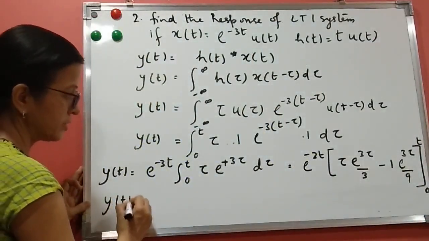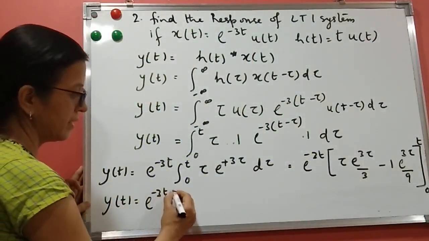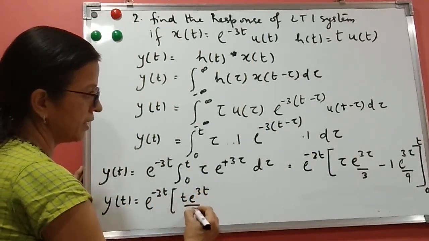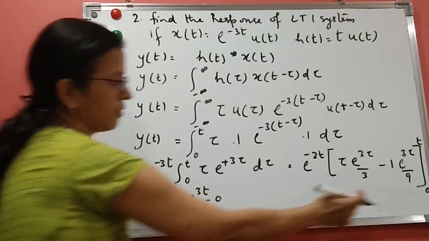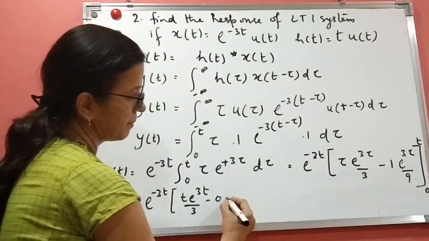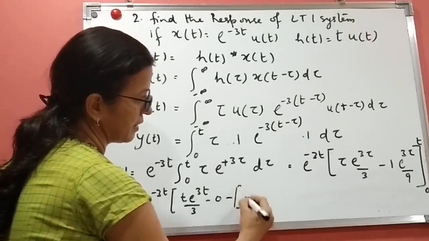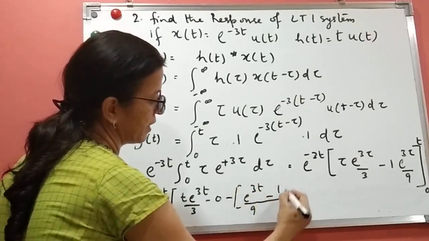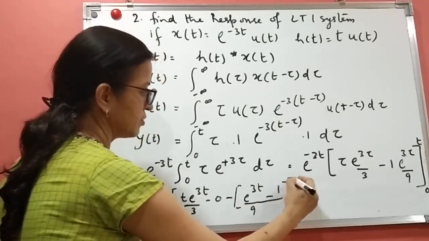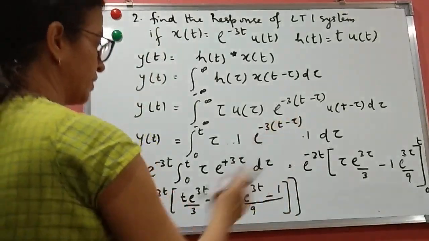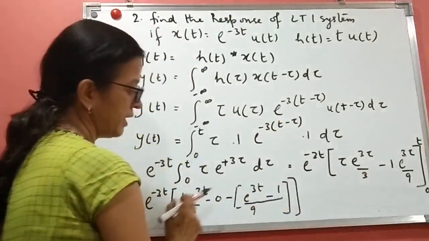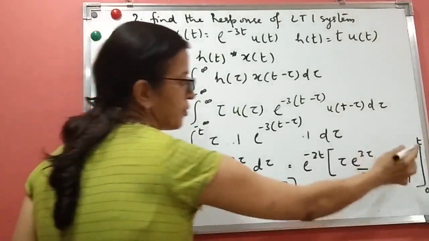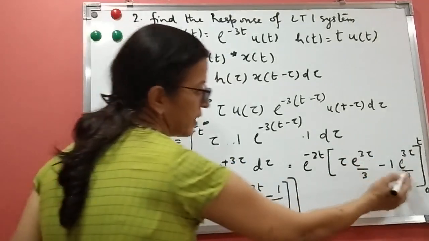Let us put the values: e raised to minus 3t, t e raised to 3t upon 3 minus 0, the second value will be 0, minus e raised to 3t upon 9 minus 1 upon 9. By putting the limits, this is the first limit I have put, t e raised to 3t, and when you put 0 it will be 0. Second, minus I have taken common: when you put 3t it will be e raised to 3t upon 9, and e raised to 0 is 1.